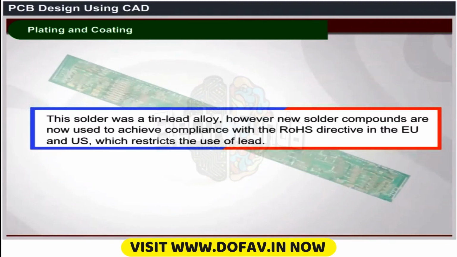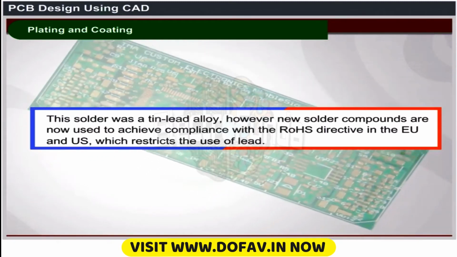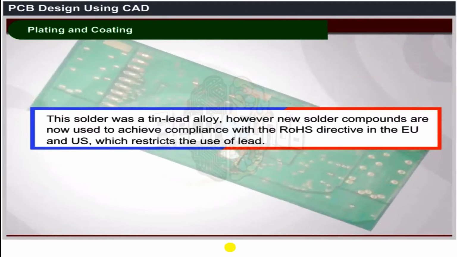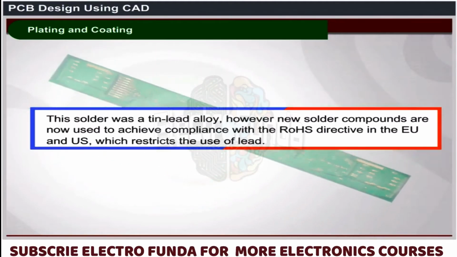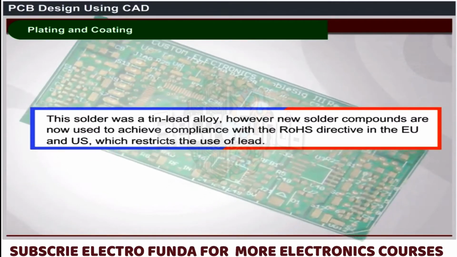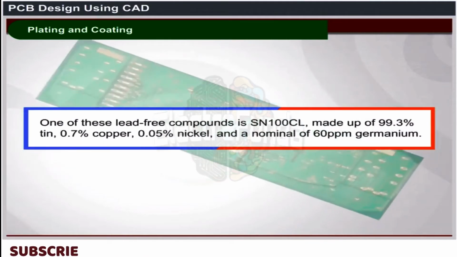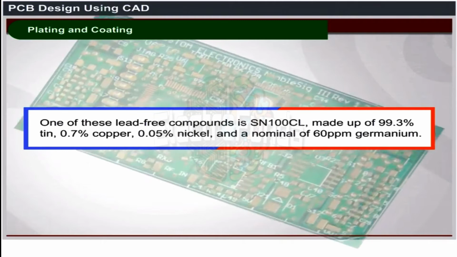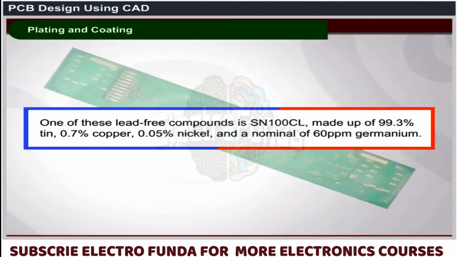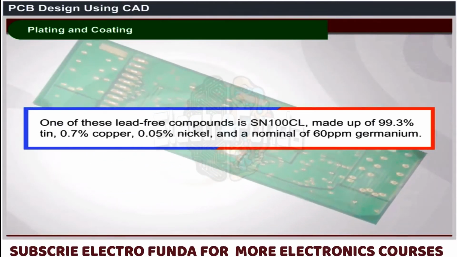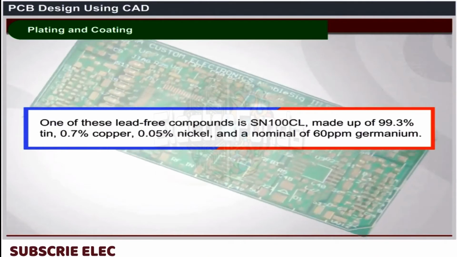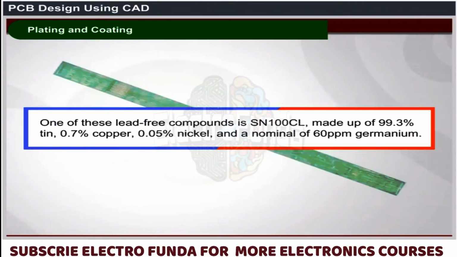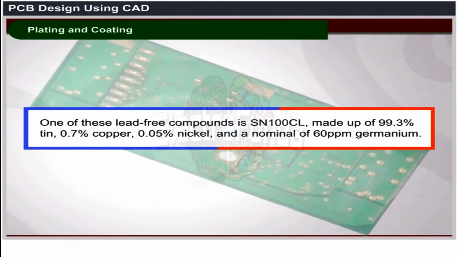However, new solder components are now used to achieve compliance with the RoHS directive in the EU and US, which restricts the use of lead. One of these lead-free components is SN100CL, made up of 99.3% tin, 0.7% copper, 0.05% nickel, and a nominal 60 ppm germanium.